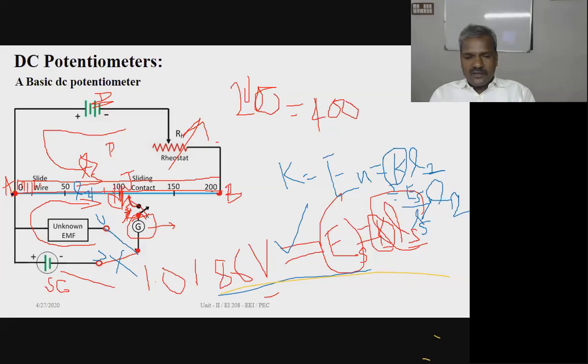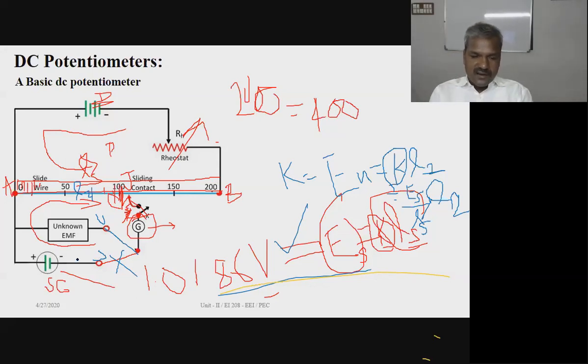So the maximum drop across A and B is normally less than 3 volt. We may not be able to use this potentiometer for very high voltage measurement. So this is limited.